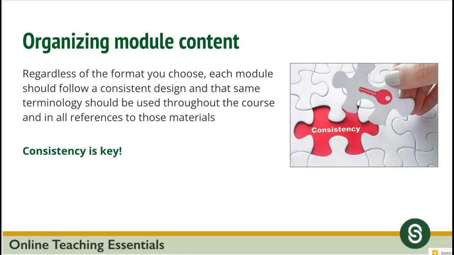Regardless of the terminology you use for your modules, each module, unit, lesson should follow a consistent design, and that same terminology should be used throughout the course and in all references to those materials. Example, language in the syllabus should match language in the schedule, assignments, and course materials. Also, once you've selected a course design and module structure, explain that fully, as I mentioned earlier, maybe through a course tour. Consistency is key.